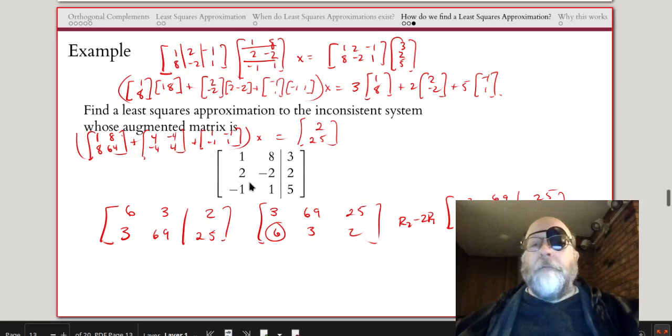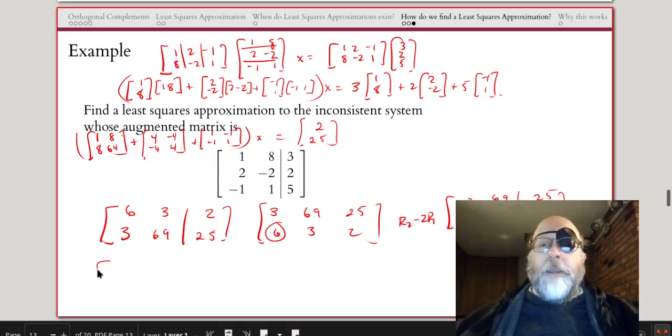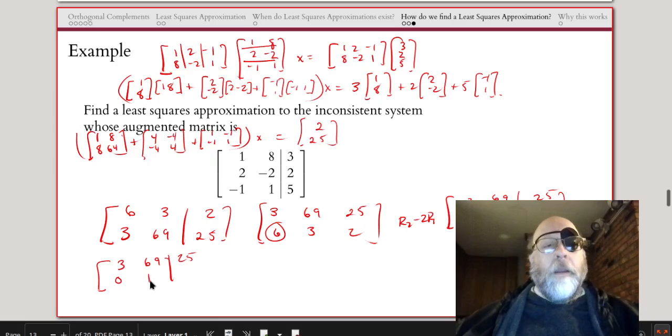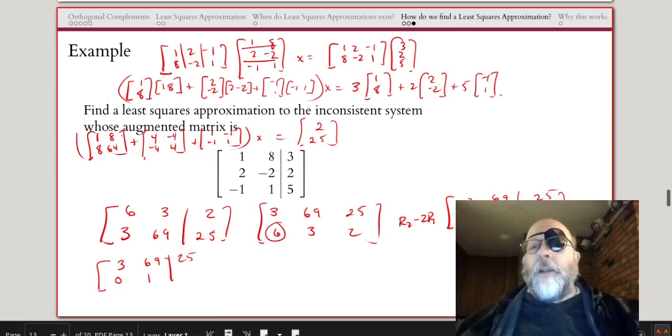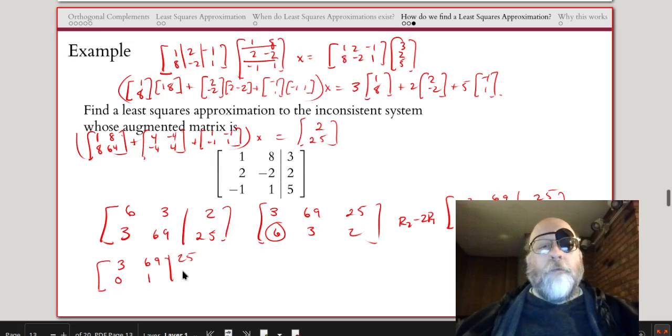This looks like fun. All right, divide by 135, and we get 48 over 135. I can take out a 3, and I get 16 over 45.